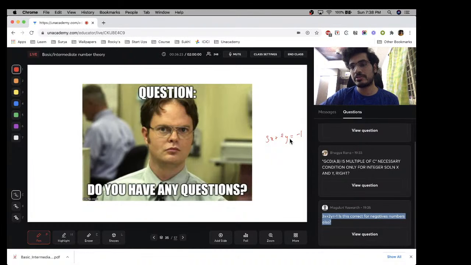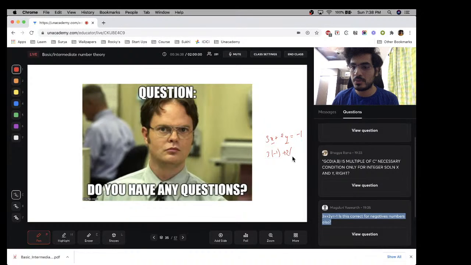Yes, this can be possible. Our x and y are integers, so x and y can be negative numbers. So 3 into minus 1 plus 2 into 1 equals minus 3 plus 2, which equals minus 1. So we can find x and y for 3 and 2.